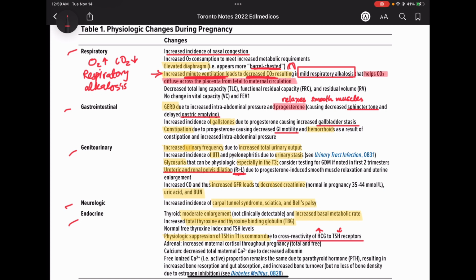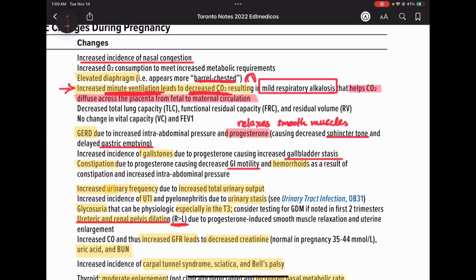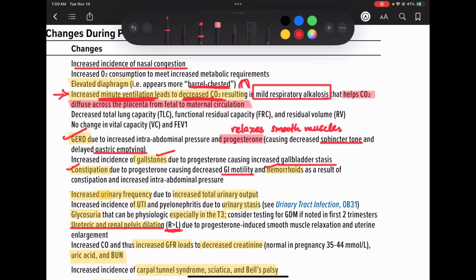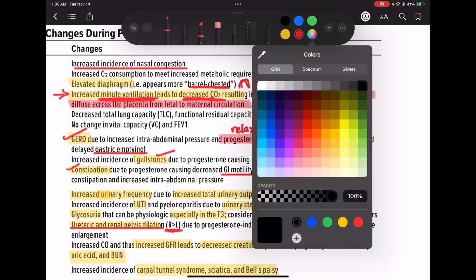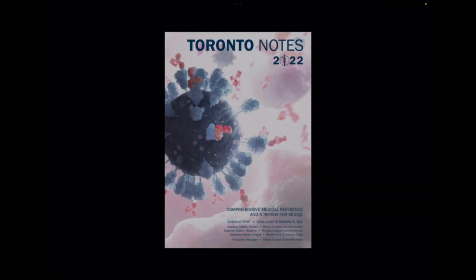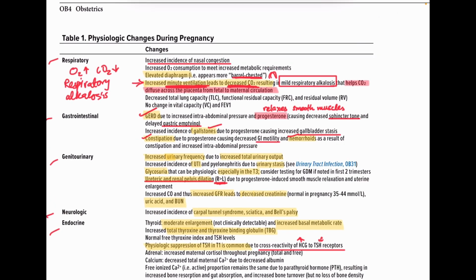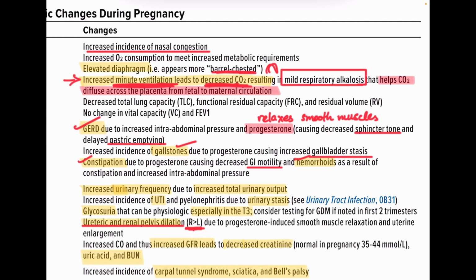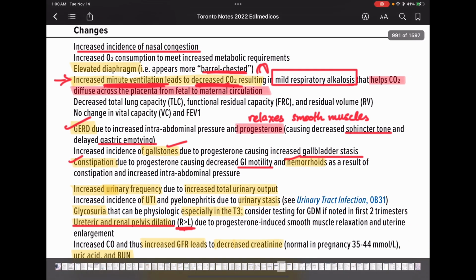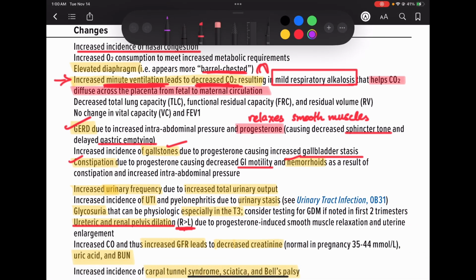There are a few gastrointestinal changes which we would like to mention, starting with GERD, gallstones, constipation, and hemorrhoids, right? What happens is, during pregnancy there is progesterone, and progesterone helps relax smooth muscles.